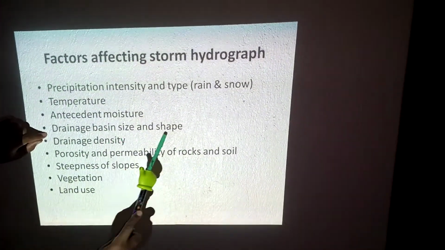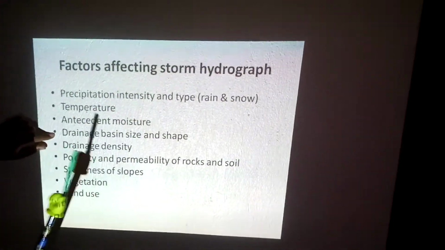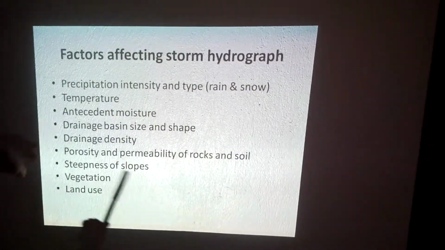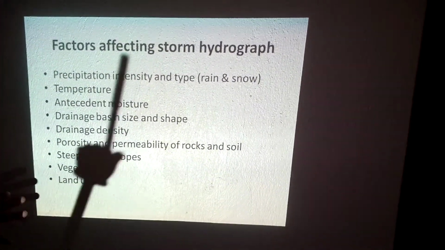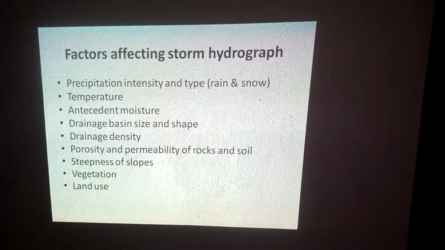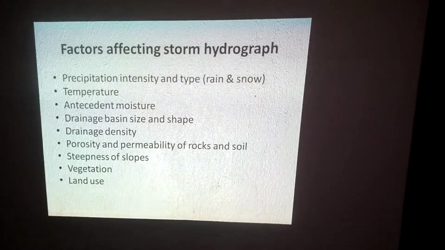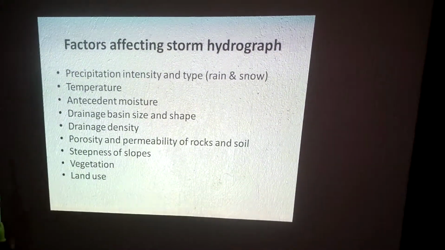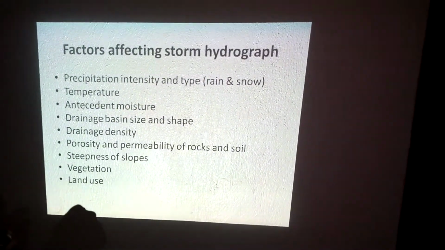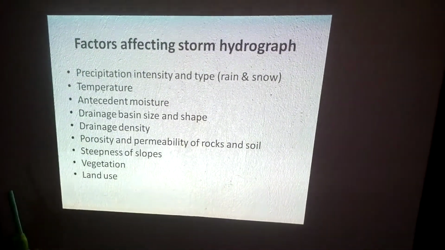Drainage basin size and shape. Normally when the drainage pattern shows that the tributaries are close, the river receives the water much faster, and it raises its discharge much faster than when the tributaries are spaced.